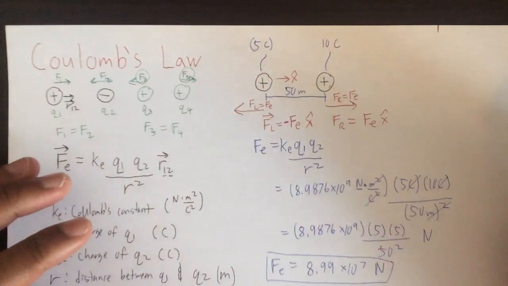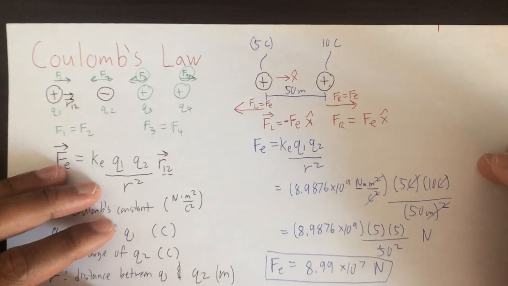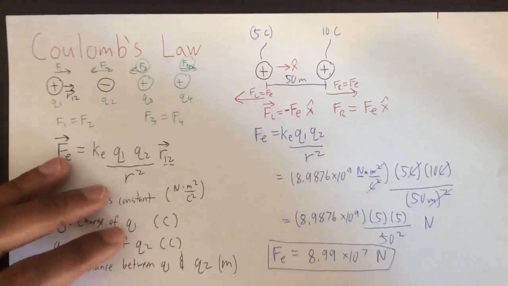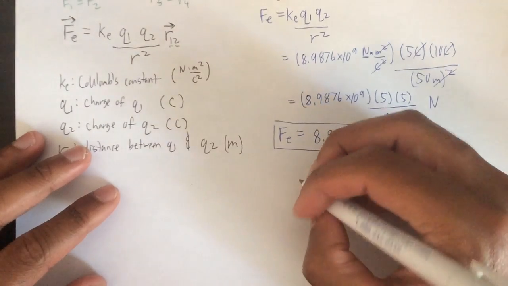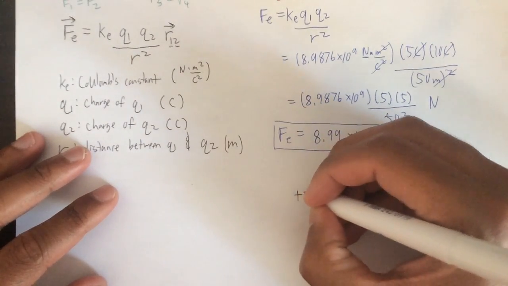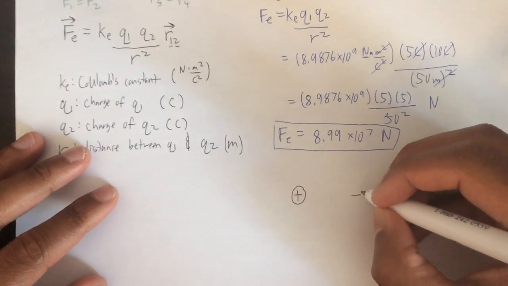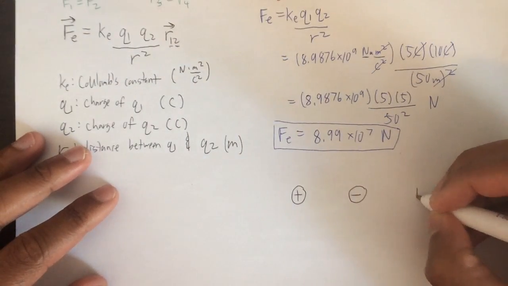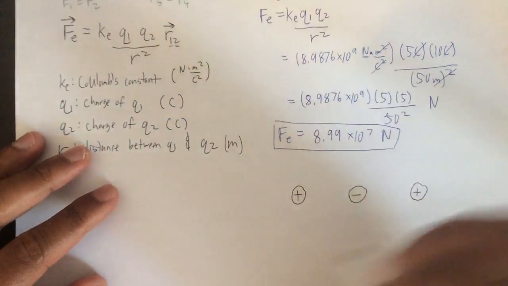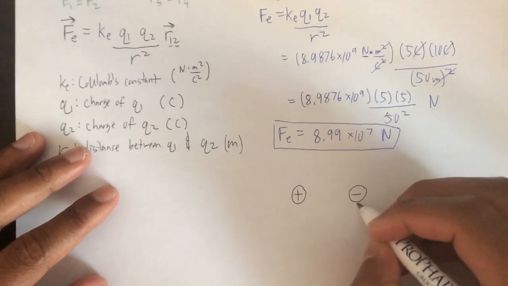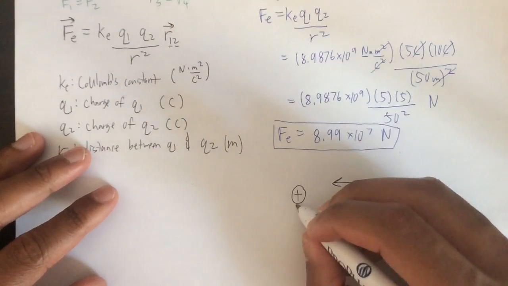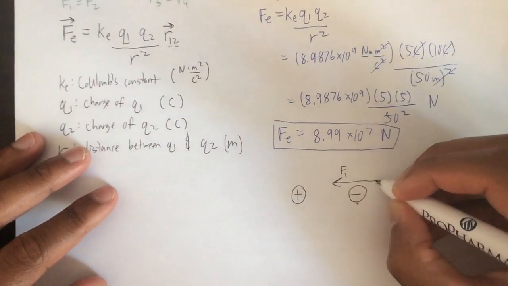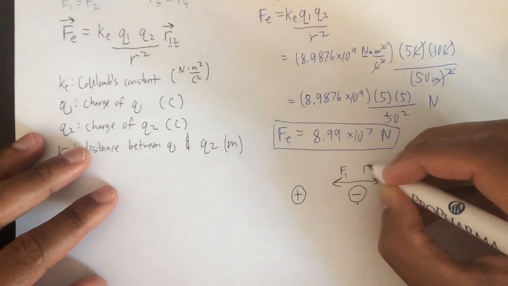I'll give you guys an example to do by yourself, and then let me know if you need help with the example, so you can have some practice. Let's say that we have a positive charge here, a negative charge here, and a positive charge here. We know in this situation, this negative charge here is going to be feeling an attractive force this way to this positive charge, and an attractive force this way to this positive charge.